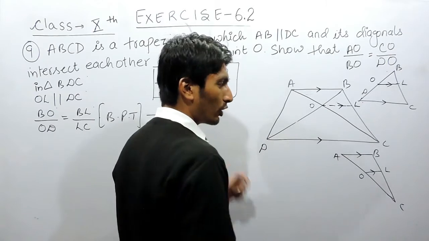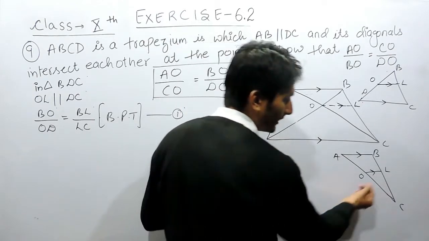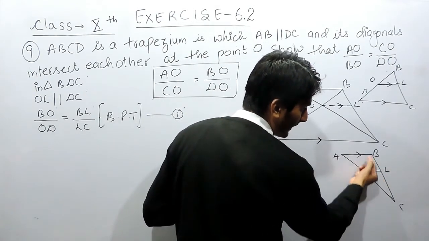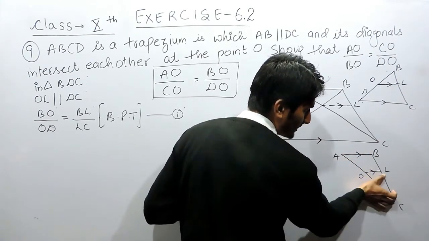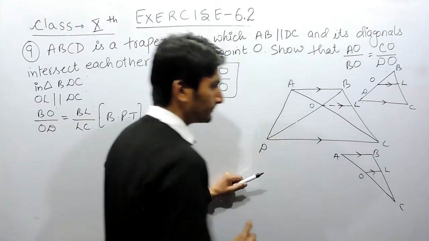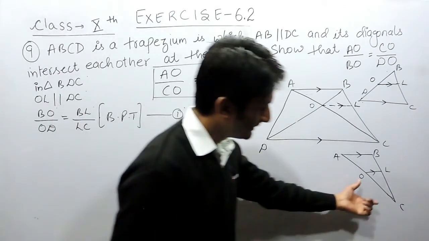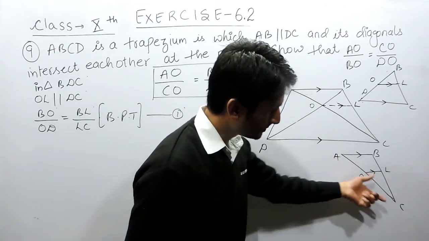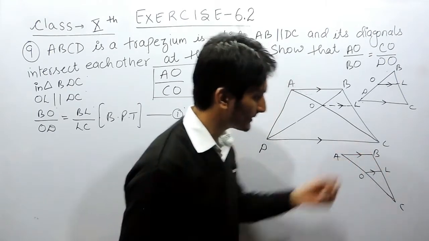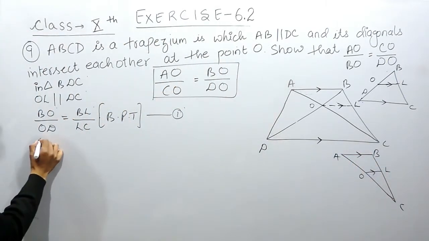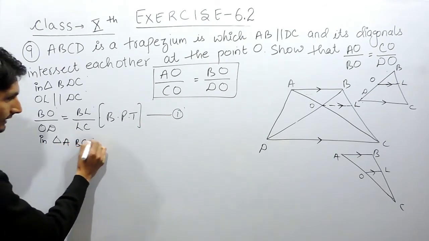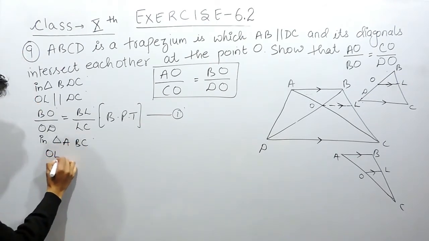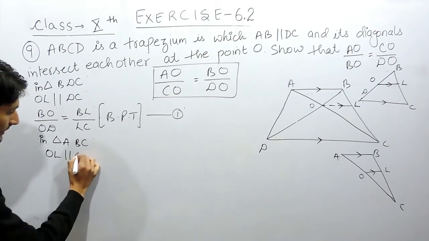So again, according to the basic proportionality theorem, if I draw a line parallel to the third side, it must cut the other two sides in equal ratios. So in triangle ABC, this OL is parallel to this AB.